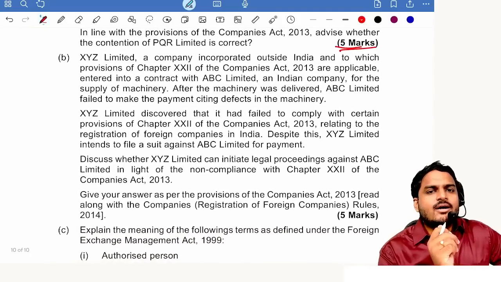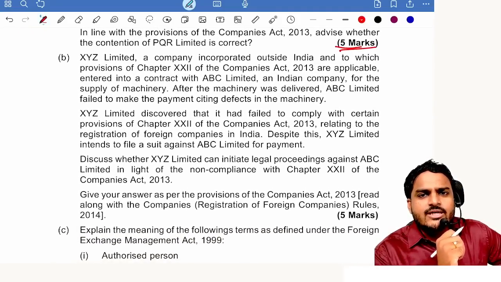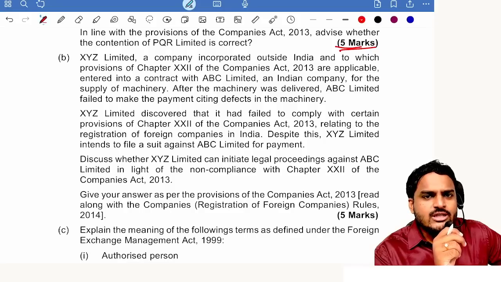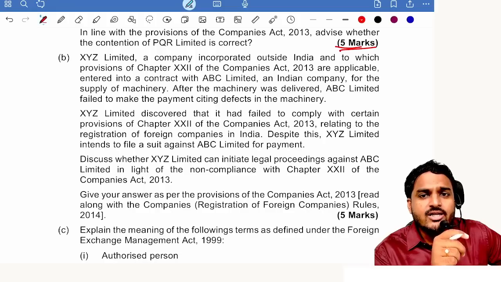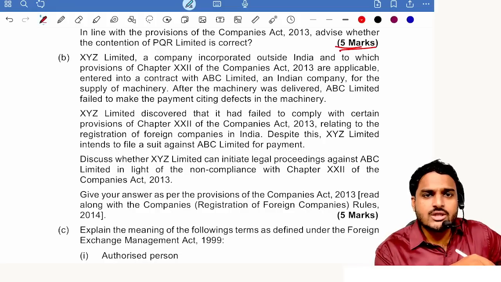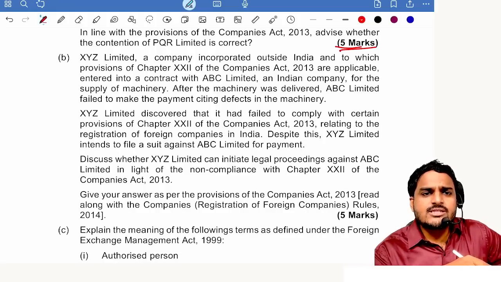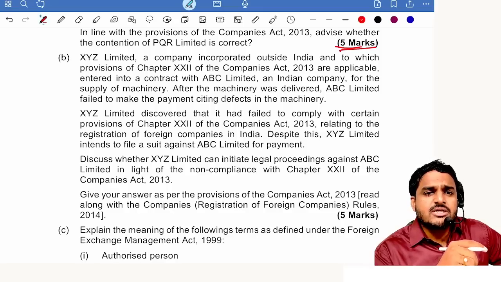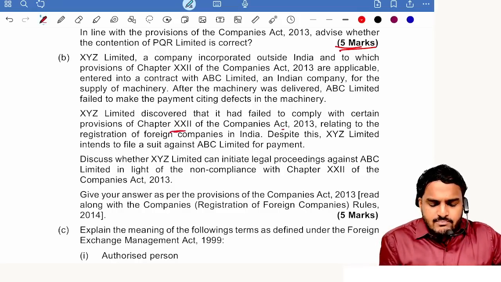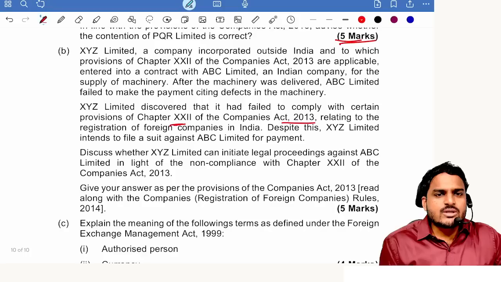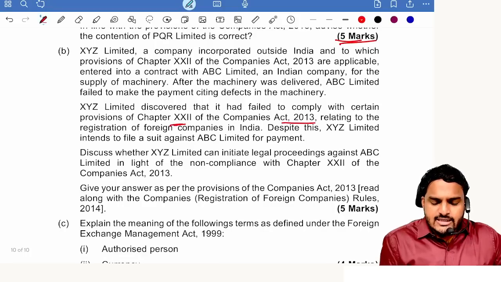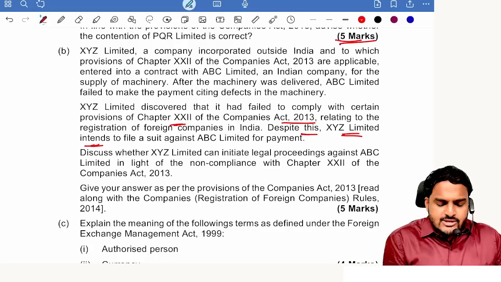XYZ Limited, a company incorporated outside India, into which provisions of chapter 22 of Companies Act 2013 are applicable, entered into a contract with ABC Limited, an Indian company, for supply of machinery. After machinery was delivered, ABC Limited failed to make payments, citing defects in the machinery. XYZ Limited discovered that it failed to comply with certain provisions of chapter 22 of Companies Act 2013 relating to registration of foreign companies in India. Despite this, XYZ Limited intends to file a suit against ABC Limited for payment.